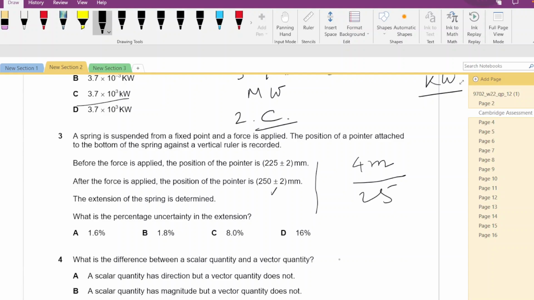Therefore, the percentage uncertainty in extension is this quantity, times 100%.